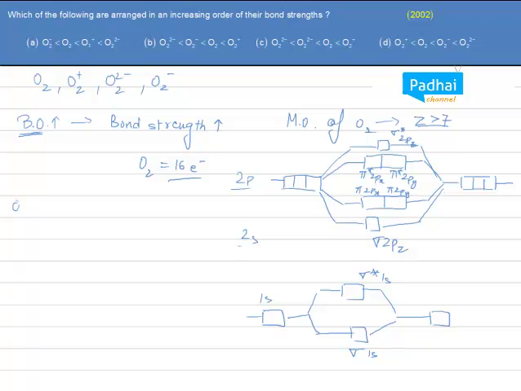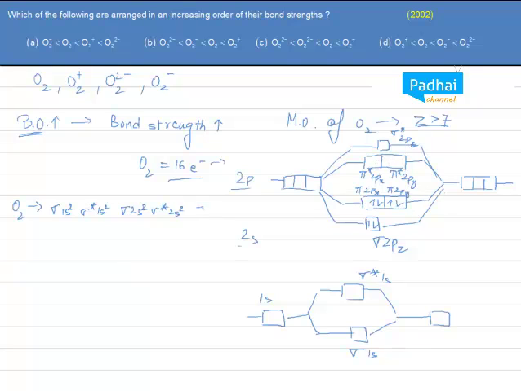So for O2, what will be the configuration? It will be sigma 1s2, sigma star 1s2, sigma 2s2, sigma star 2s2. These are the 8 electrons. Now we are left with 8 more electrons. How will we fill them? 6 electrons are filled here: 1, 2, 3, 4, 5, 6, and the 2 remaining will go to the anti-bonding orbitals.